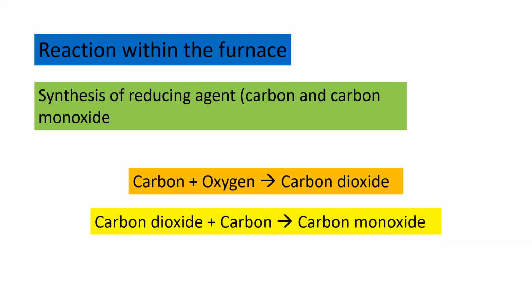So carbon and carbon monoxide is pumped into the furnace itself. So it forms carbon dioxide, because there is oxygen within it. Carbon dioxide reacts with carbon itself to form carbon monoxide, but there's excess carbon, so there is carbon monoxide and carbon, and both of them are reducing agents. So it reduces hematite from iron trioxide into iron.